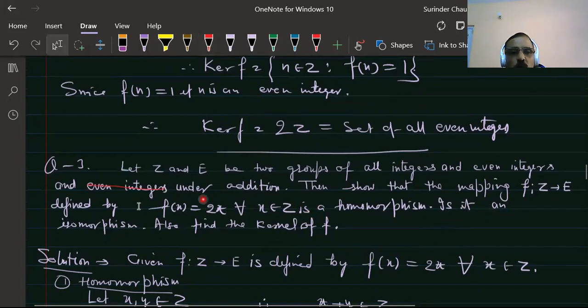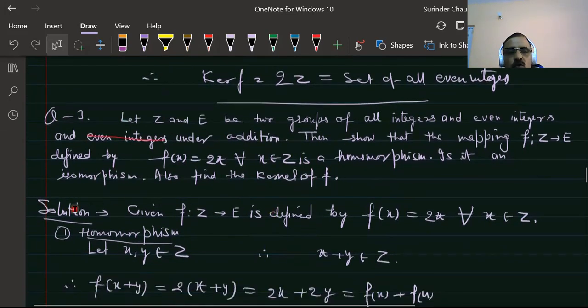Is it an isomorphism, that is, is it also one-one? And also find the kernel of f. Given is f, a mapping from Z to E defined by f of x equal to 2x for all x in Z.